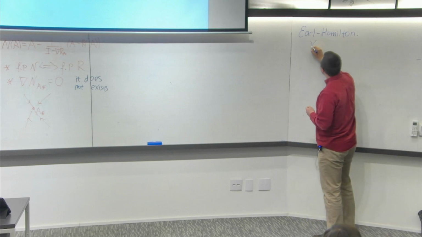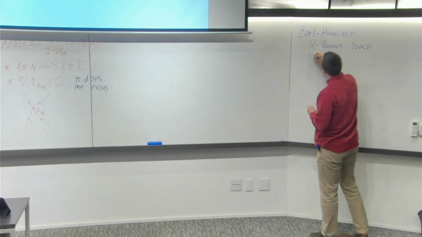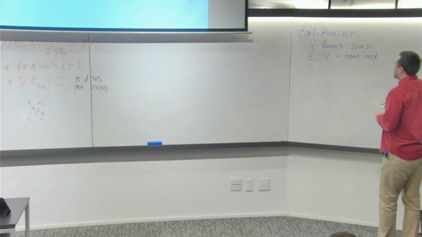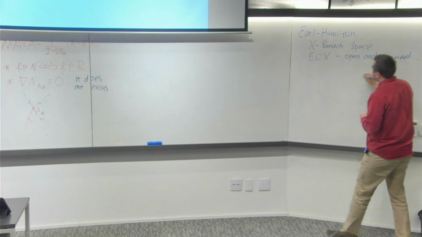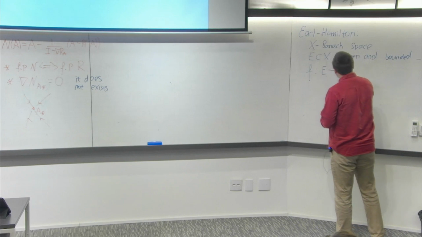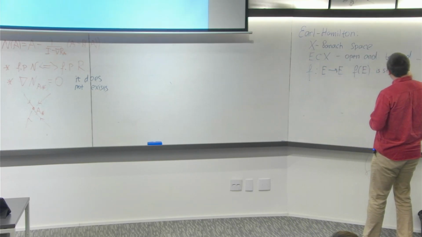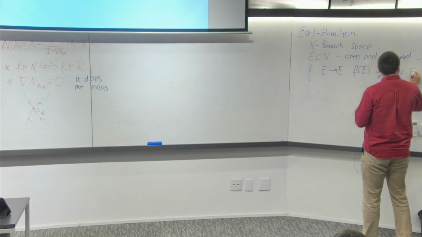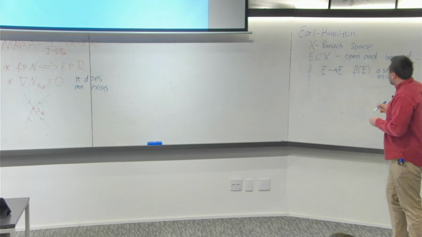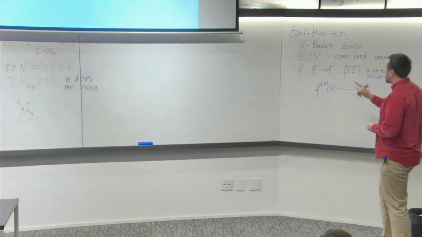If you have some Banach space X, and you have some subset E, which is supposed to be open and bounded, and you have some map f, which is going to be our Newton map at the end, which acts from E to E, and such that f of E is strictly inside E. Strictly inside means that there is some epsilon gap between this image and the complement of E. Then iterating f, we should get to a fixed point. Oh yeah, I forgot to mention that f also must be analytic.